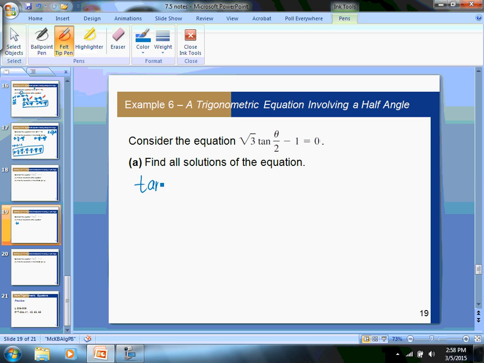I'll have the tangent of theta over 2 equals 1 over the square root of 3. Now you could rationalize that if you wanted to. If you multiply by the square root of 3 on the top and bottom, you'll get square root 3 over 3. Okay? But remember, tangent is sine over cosine. So I have to think on my unit circle. Okay, I want the first quadrant.